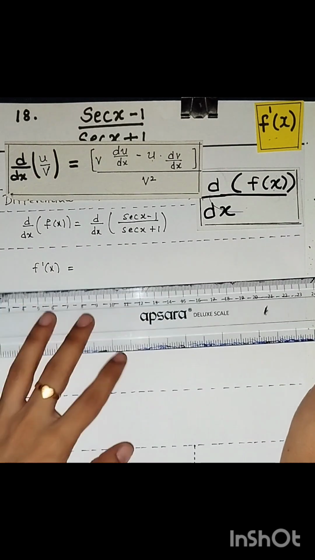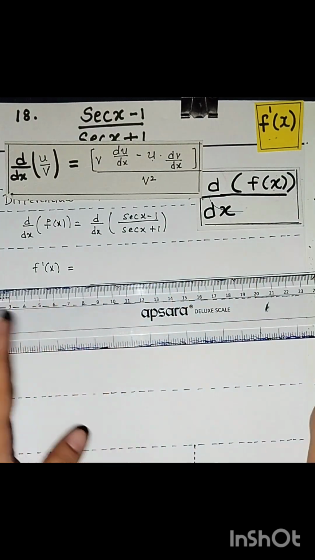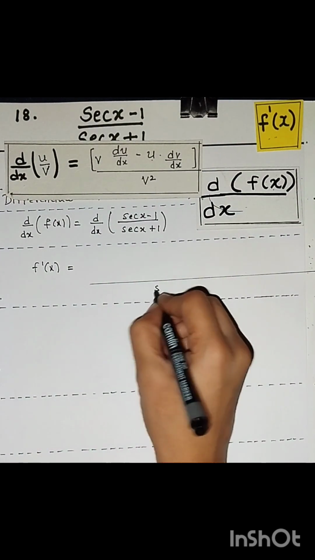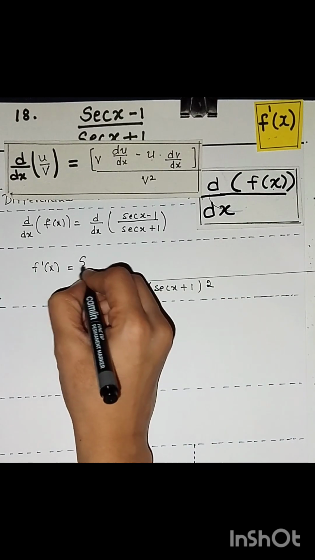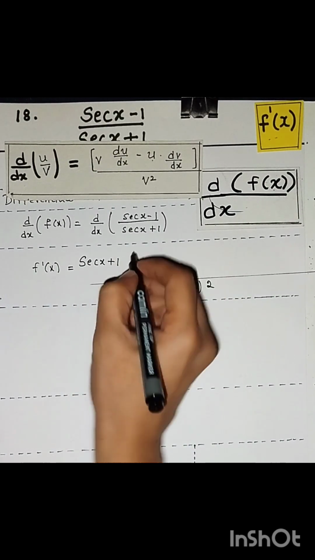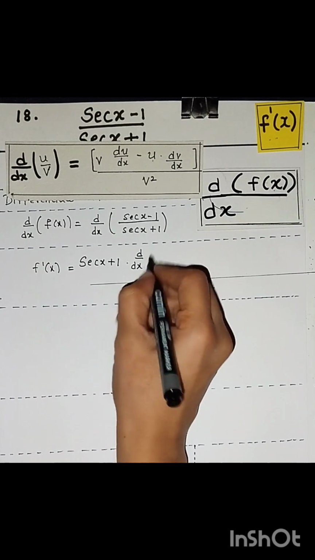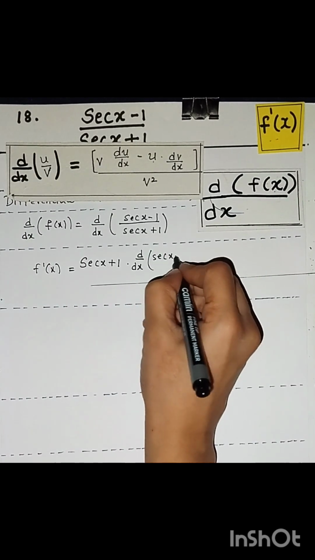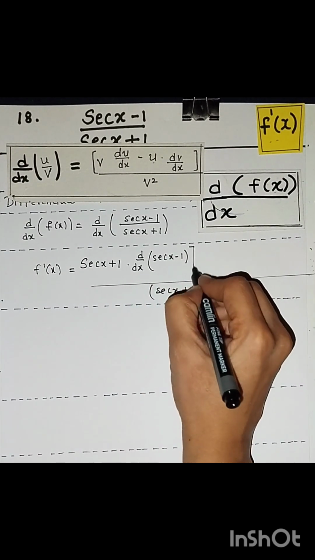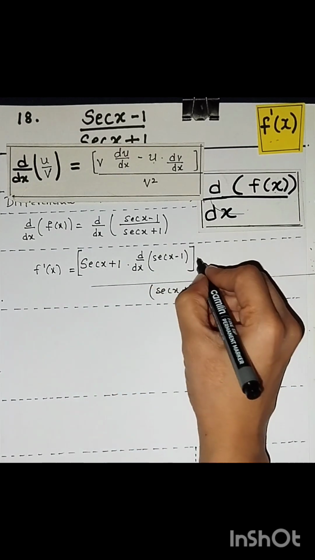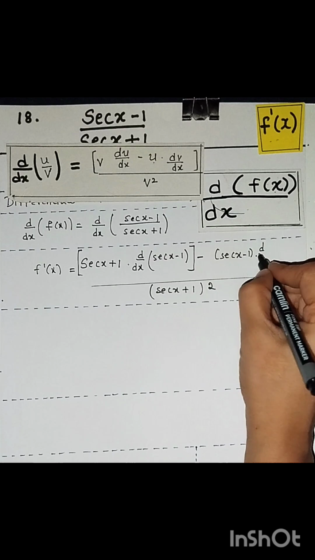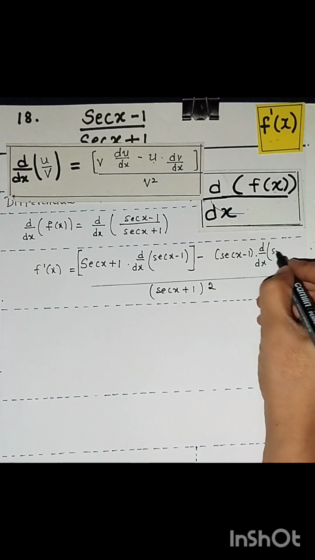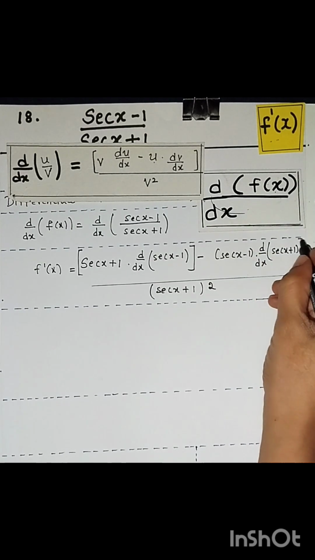So in the denominator it is secant x plus 1 the whole square into secant x plus 1 into d by dx of secant x minus 1. Then minus secant x minus 1 into d by dx of secant x plus 1.